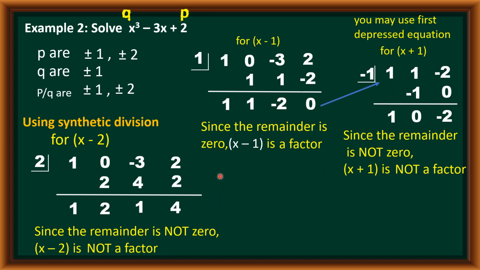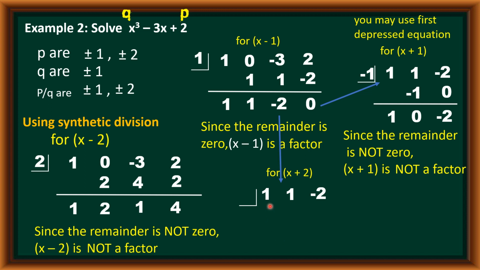So, ibig sabihin, meron pang isa na lang na natitira. Paano pa yung pang isa pa? Baka pwedeng umulit. So, let us see. Gamitin ulit natin tong first depressed equation. So, we have 1, 1, negative 2. Hindi na kasama yung 0. Ngayon, ang i-try naman natin ay x plus 2. Kanina, x minus 2. Ngayon, x plus 2. So, ilalagay natin sa labas ay negative 2.